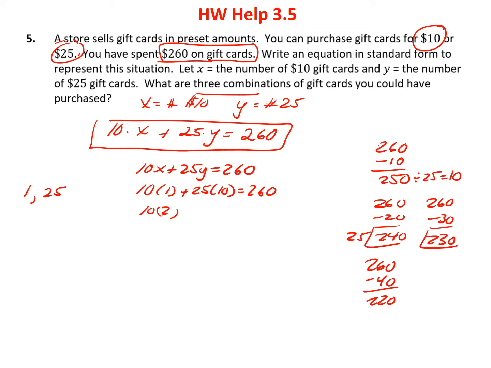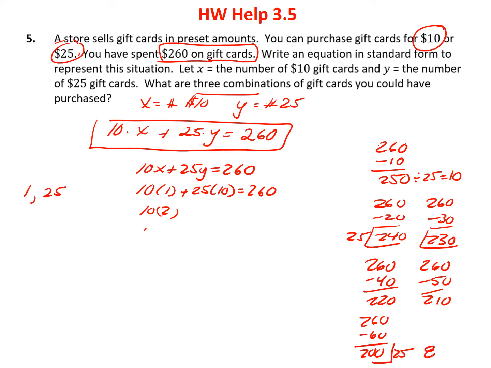And then let's try 5. 260 minus 50 is 210, and again 25 doesn't go in there. But when we get to 6, 260 minus 60 is going to give us $200, and 25 goes into that 8 times.